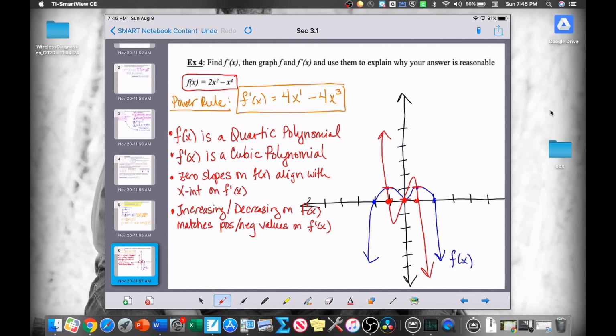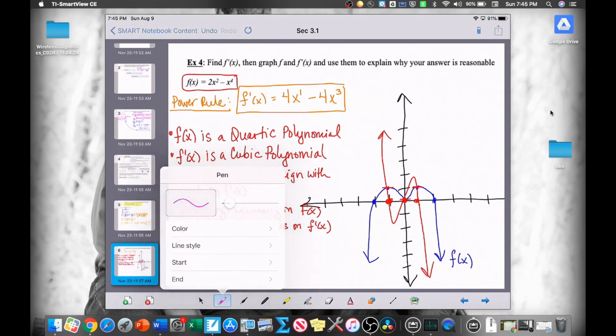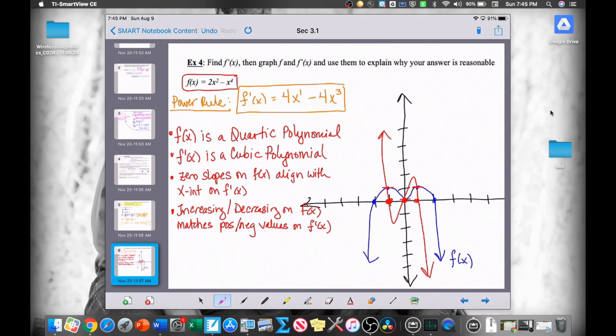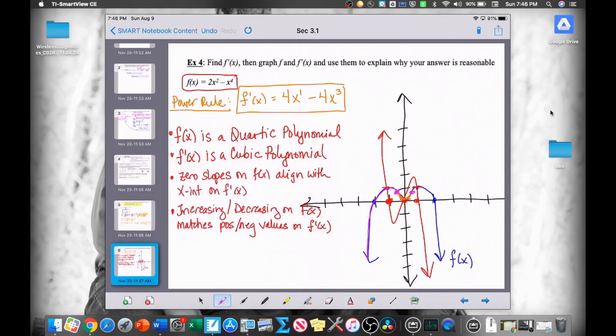And then finally, let's talk about inflection points. Remember, inflection points are where our concavity changes. So if we look at our f of x graph, we are concave down until about right here. And then we switch to being concave up right here. And then we switch again to being concave down for the remainder of the graph.